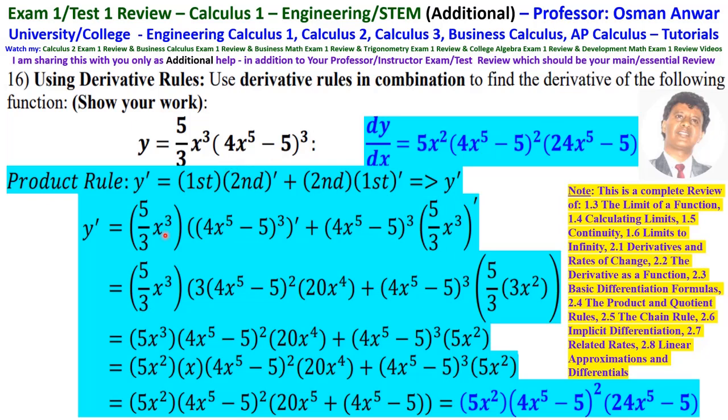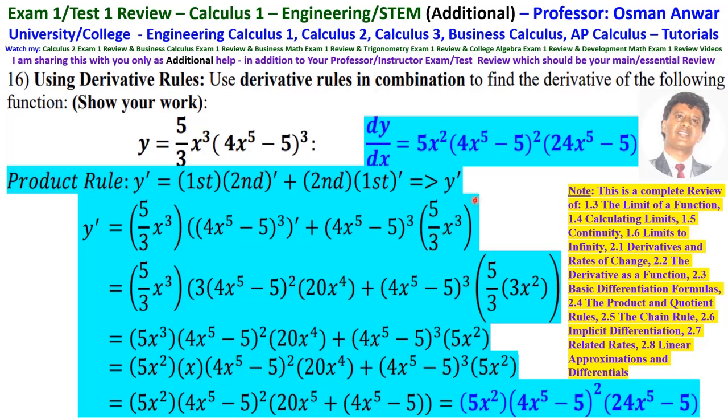So the derivative becomes 5 over 3x to the third times the derivative of (4x to the 5 minus 5) to the third, plus (4x to the 5 minus 5) to the third, which is the second, times the derivative of the first, which is 5 over 3x cubed.